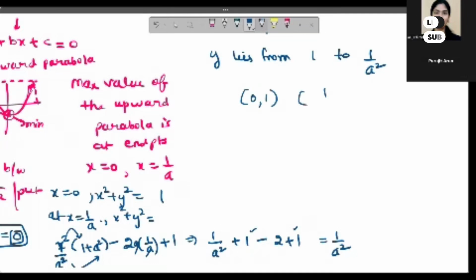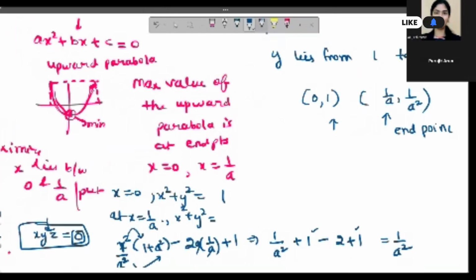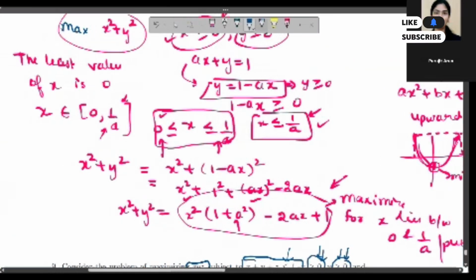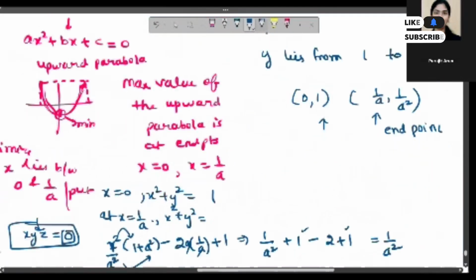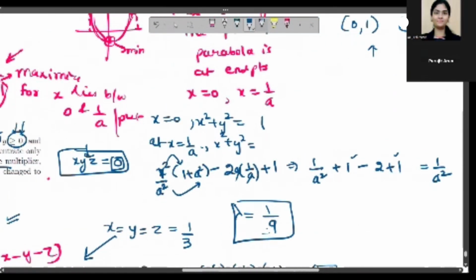And when I'm substituting 1 by a, I'm getting 1 by a square. I got my values, but still I need to see which one is giving me the maxima, right? It is an endpoint, of course, and I need to maximize the function. Ma'am, we got 0, comma 1 here, at x equals 0.